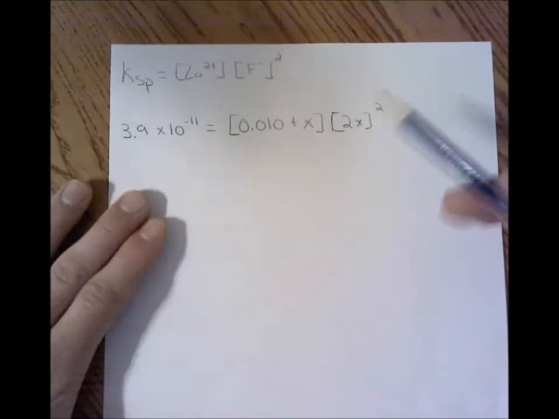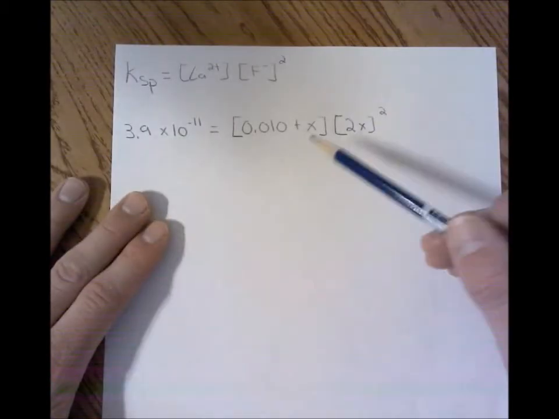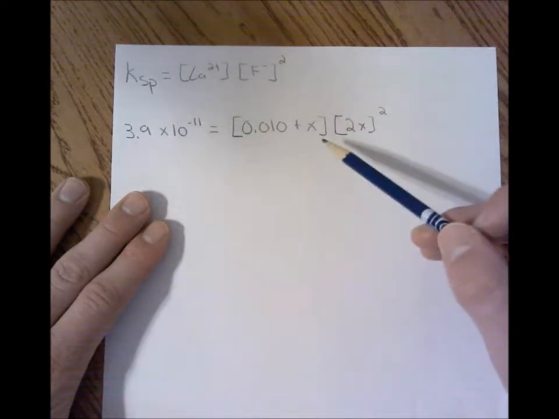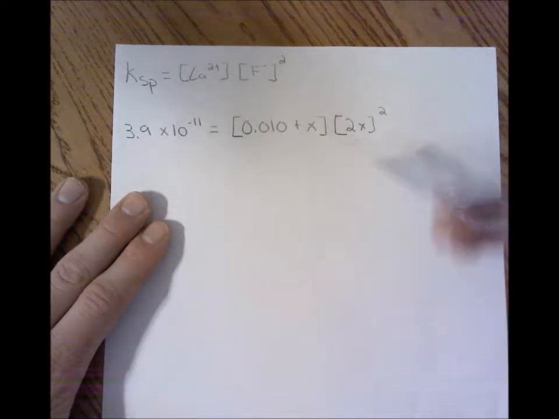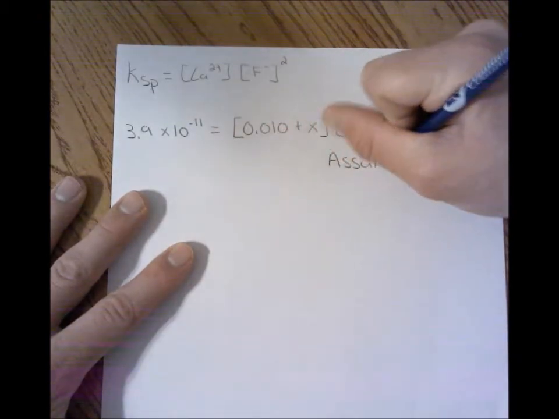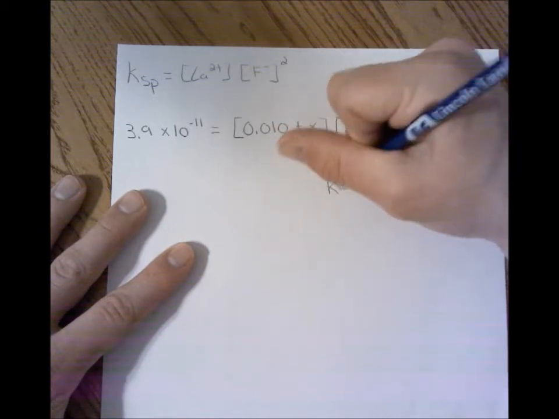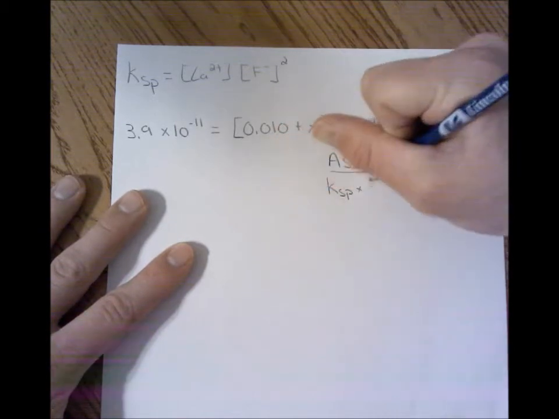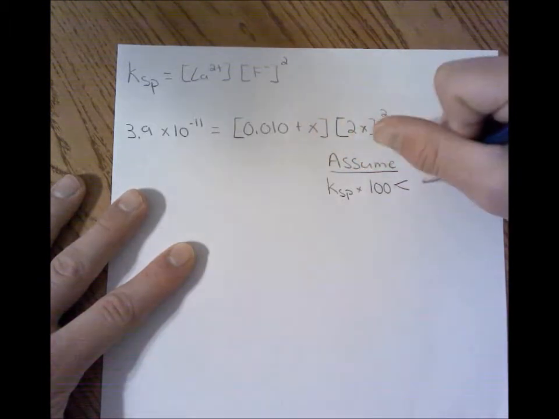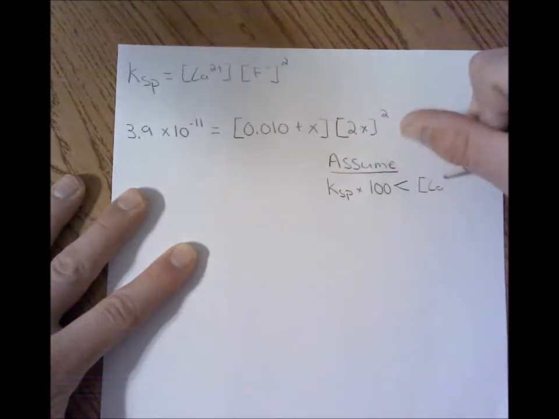What we have to do is see if we can assume that x is going to be so small that it doesn't matter. So again, we have to write out any assumption that we use. And this time, it's going to be KSP times 100 needs to be much, much smaller than our original concentration of our calcium 2+ ions.